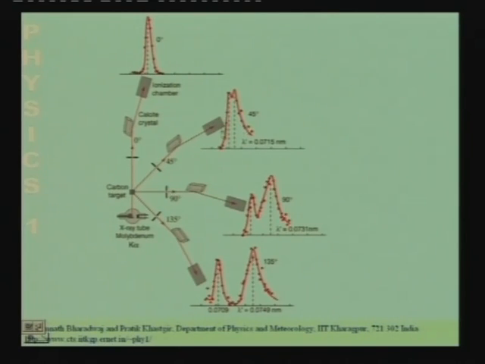you can see that the X-ray spectrum, in addition to the wavelength that was sent in, also exhibits another wavelength which is larger than the wavelength that was sent in. Now, if you try to interpret this in terms of X-ray being an electromagnetic wave, when the electromagnetic wave is incident on this carbon target, the electrons in the carbon are set into oscillation.